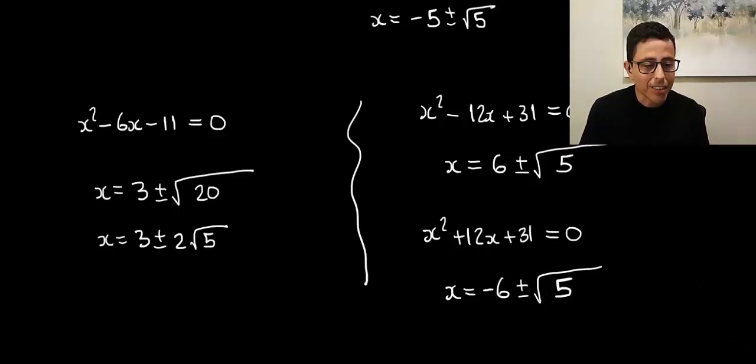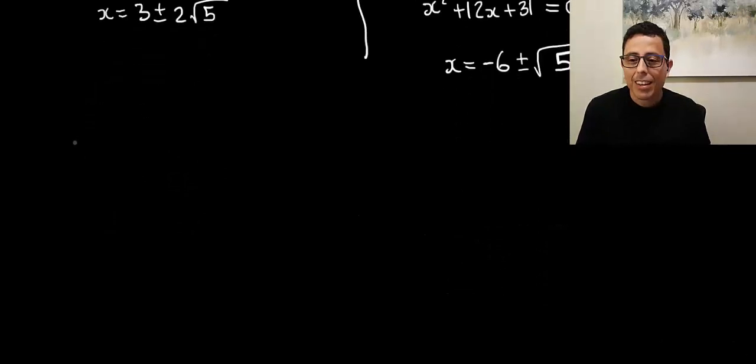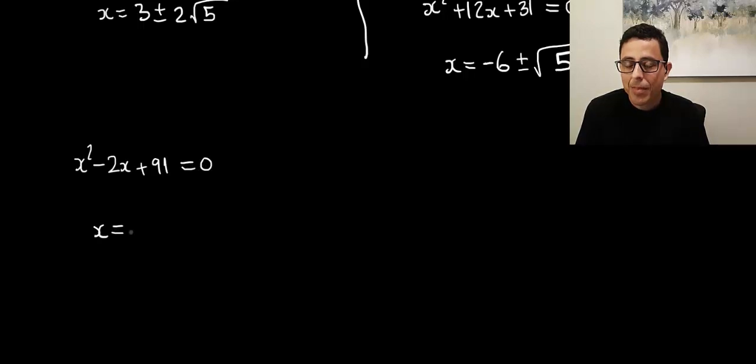And then finally, I have another one here. Here is x squared minus 2x plus 91. So it's a big number here. Doesn't matter. It's also easy.